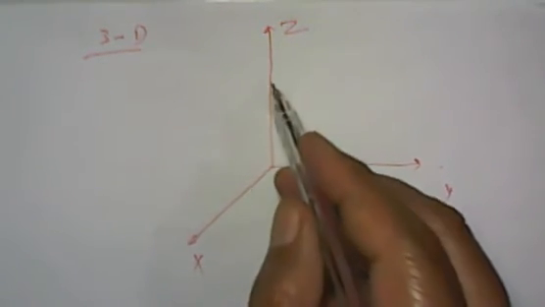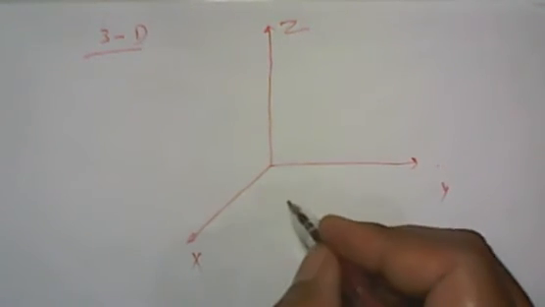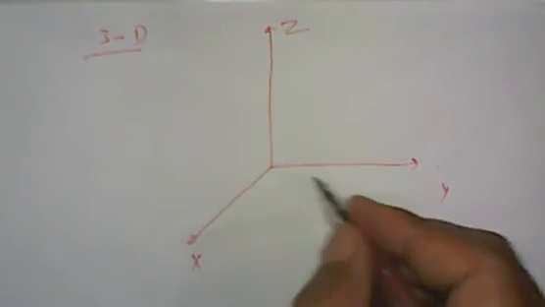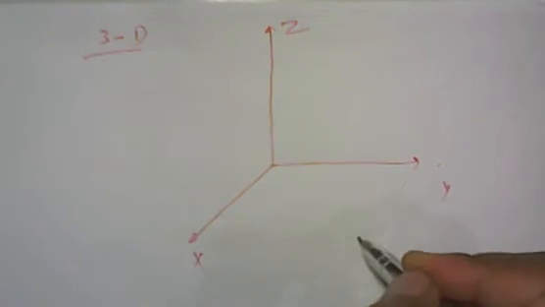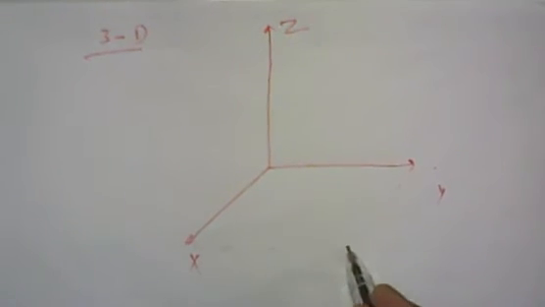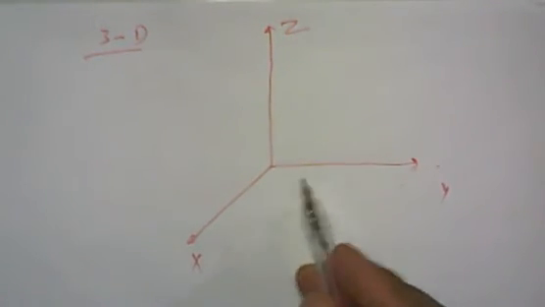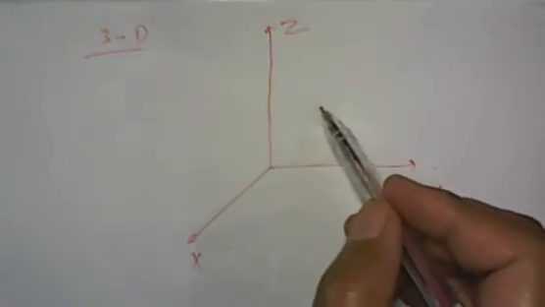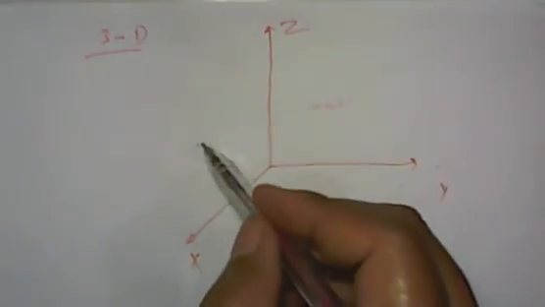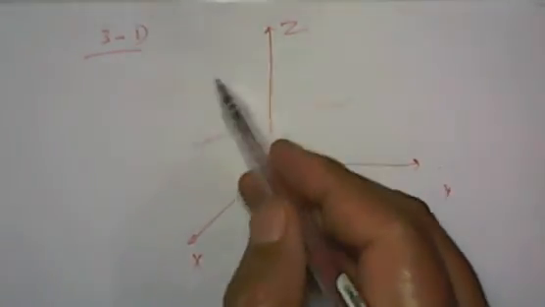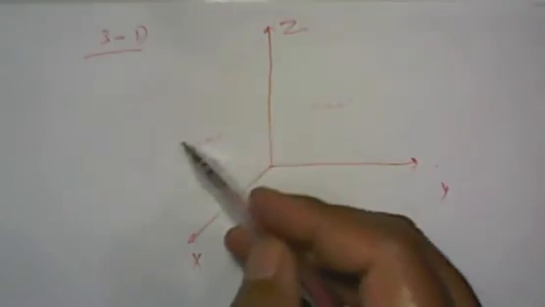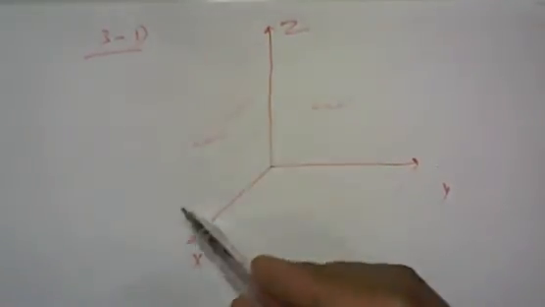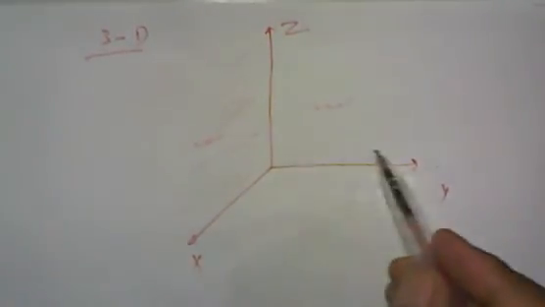Obviously this is the corner, and this is the floor if you are in a room. This x and y is the floor, and this is a wall, and this is another wall. I think I am making it clear.